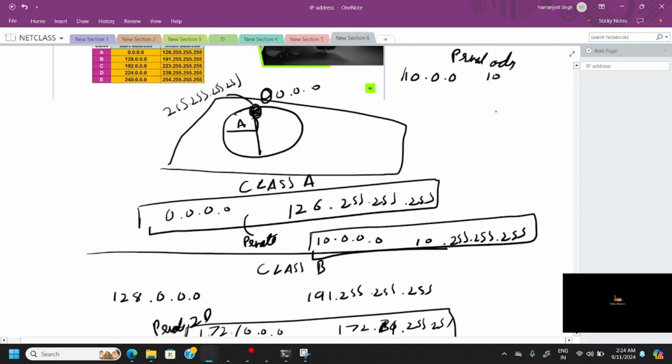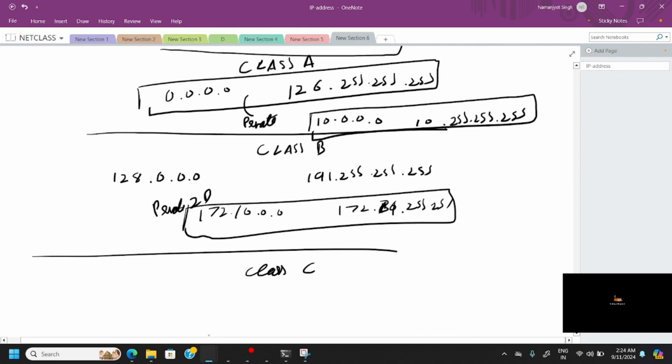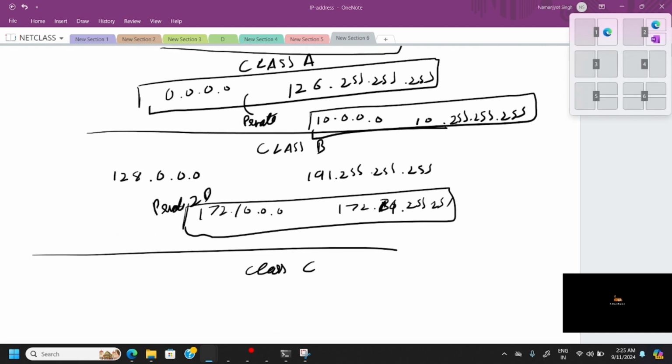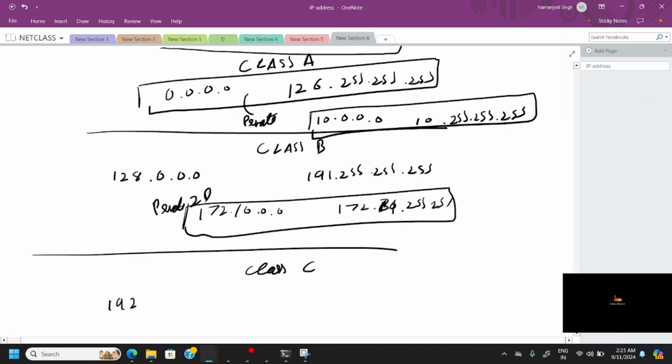Class C IP addresses. See, class B ends with 191. So the next address will be 192. After 191.255.255.255, there is not 256, there is 192.0.0.0, because we are increasing this value.